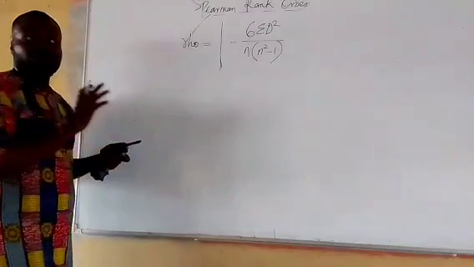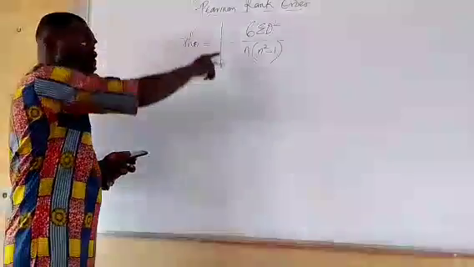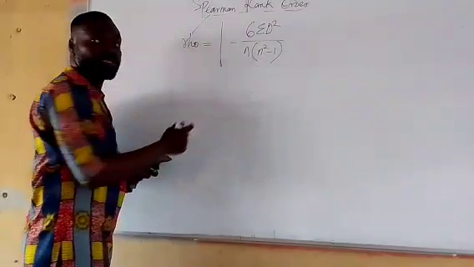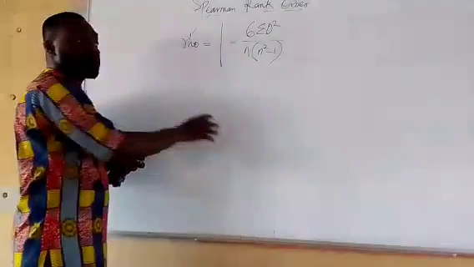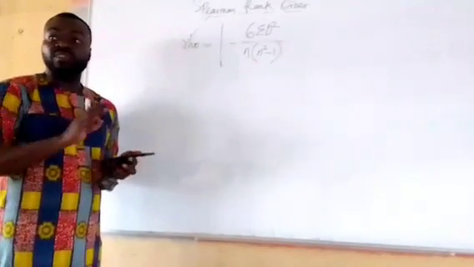This is just the formula, and it is constant. Please take note. The 1 is a whole number, while this part is the numerator, and over here is the denominator. Just memorize it. If you can memorize the formula, it will be very, very easy.